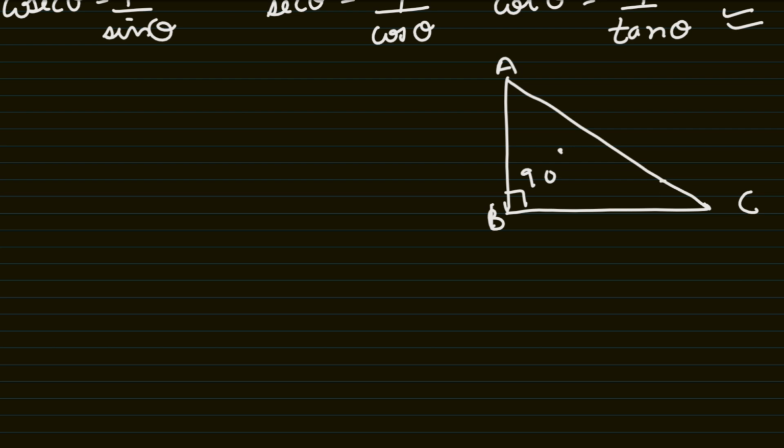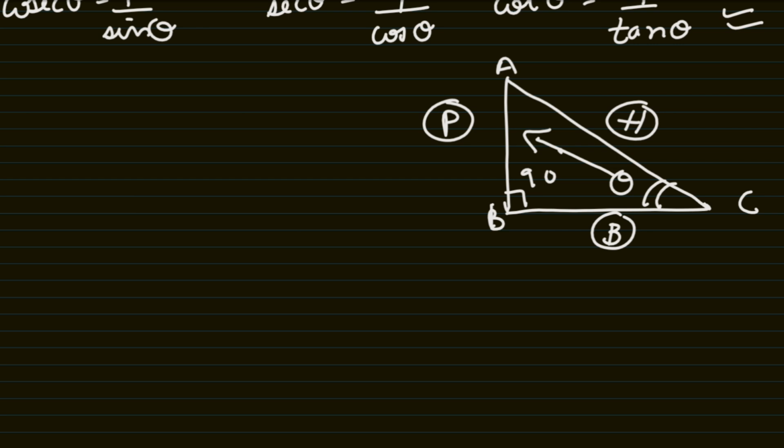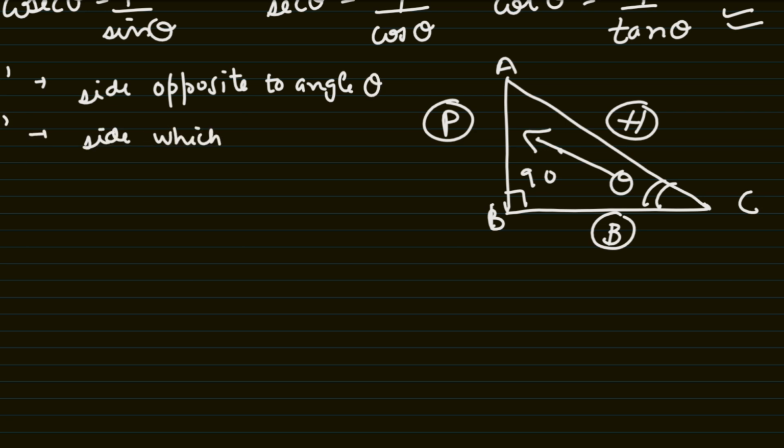If you are considering this acute angle as theta, the side opposite to angle theta you will take as P. The side adjacent to angle theta you are taking as B. And the longest side, the hypotenuse, you are denoting with H. Again, P is the notation when it is the side opposite to angle theta, B when it is the side which is part of angle theta, and H is the longest side.